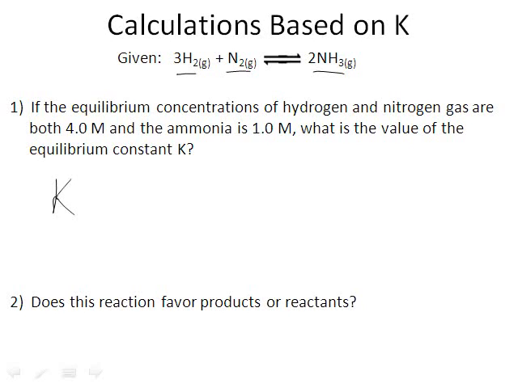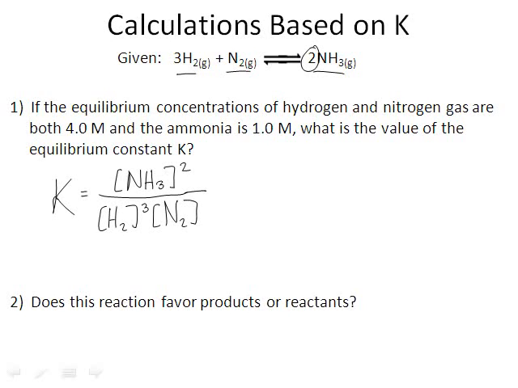So K equals my products, which I have 1. It's NH3, and it's a gas, so it's included. And we're going to square it over H2 to the third power, because it has a 3 coefficient in the balanced reaction, times N2 raised to the first power. So there's our K expression.